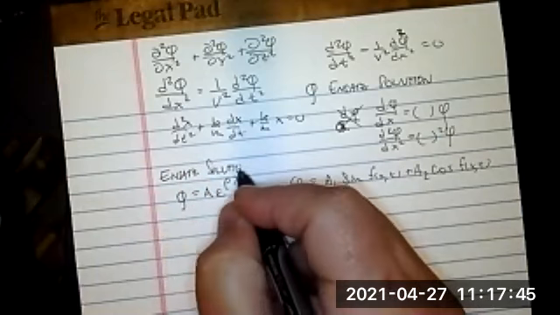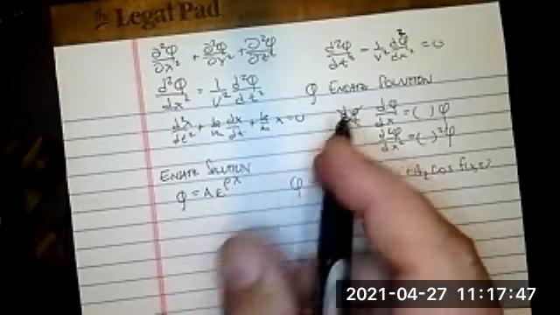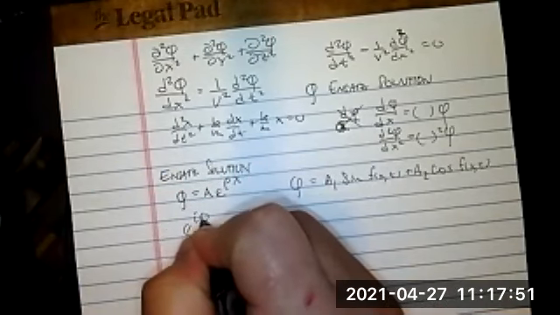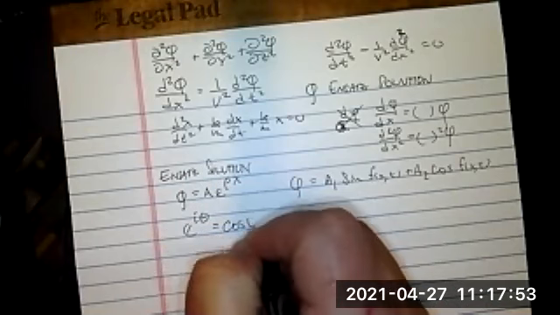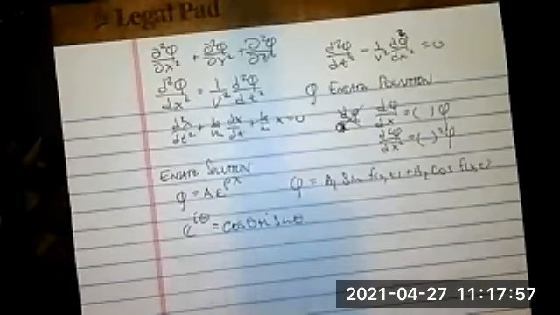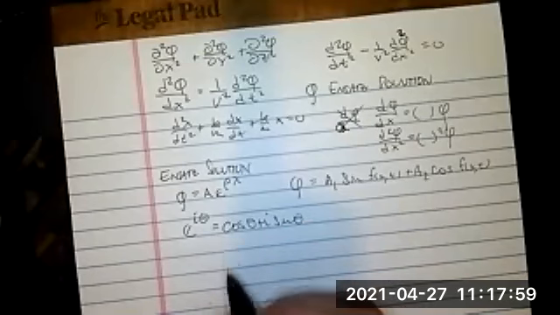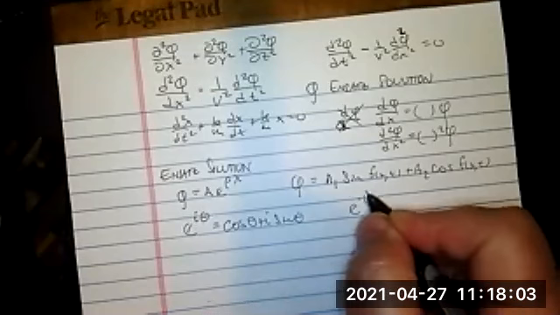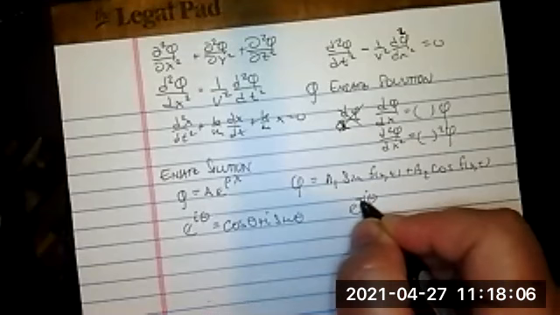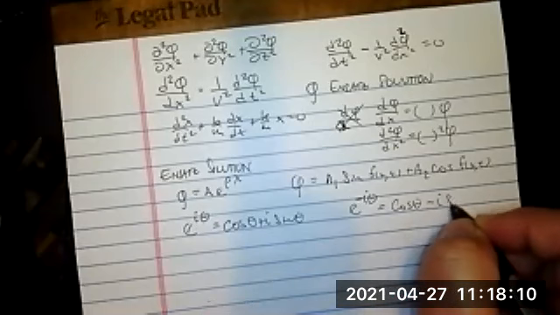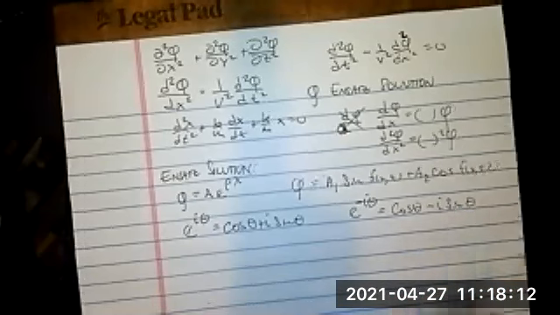The only deal is if you want to use this one and get the sine out of it, you have to realize Euler's formula: e to the i theta is equal to cosine theta plus i times the sine of theta. So that's an identity. Obviously, if you replace that with e to the negative i theta, you get cosine theta minus i times the sine of theta.